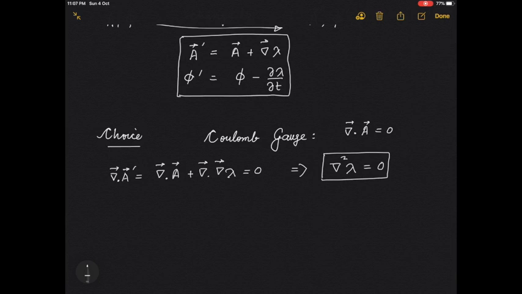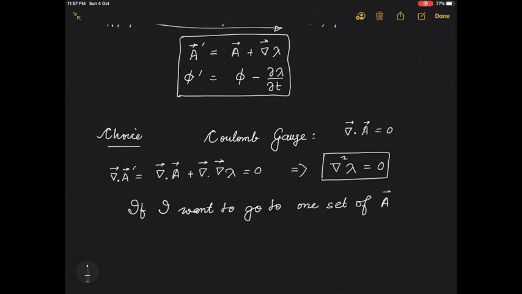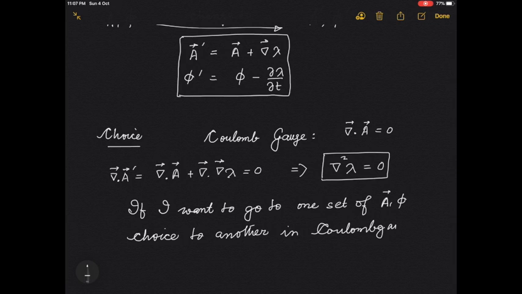Okay, so if I am in a Coulomb gauge, or if I want to go from one potential choice to another in Coulomb gauge, which means divergence of A is 0, then grad square lambda has to be 0. Lambda is the function which changes from one gauge to the other.